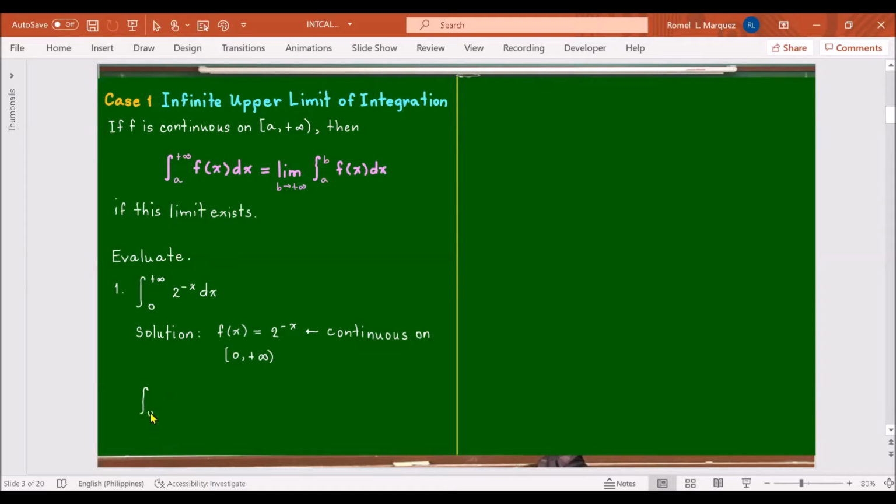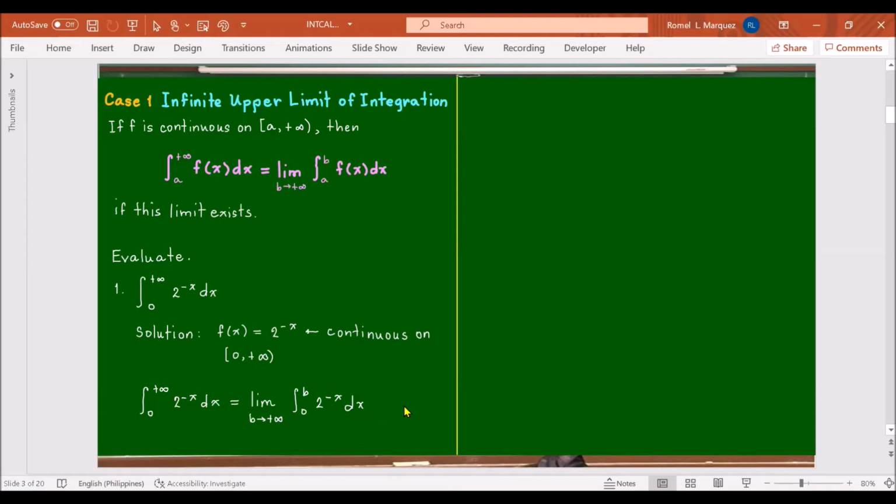This improper integral is under case 1 because the upper limit is positive infinity. So we have integral from 0 to positive infinity of 2 to the negative x dx, and this is equal to the limit as b approaches positive infinity of the integral from 0 to b of 2 to the negative x dx.